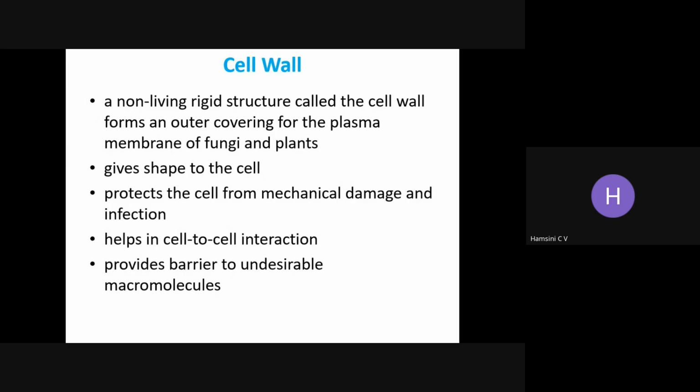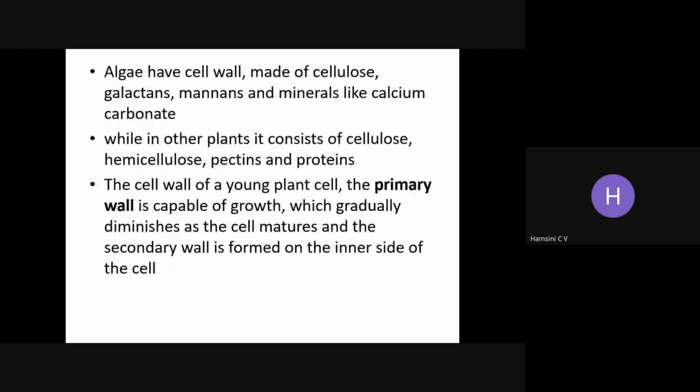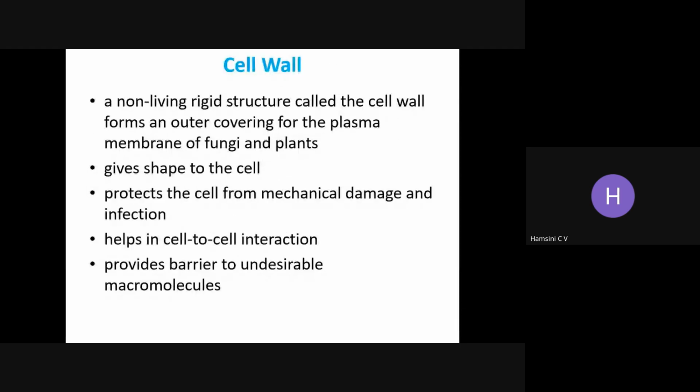And see, one more thing that is given. Can you see it is given: a non-living rigid structure called the cell wall forms an outermost covering for the plasma membrane of fungi and plants. So in the exam they can ask whether cell wall is a living or non-living component. It is a non-living component.